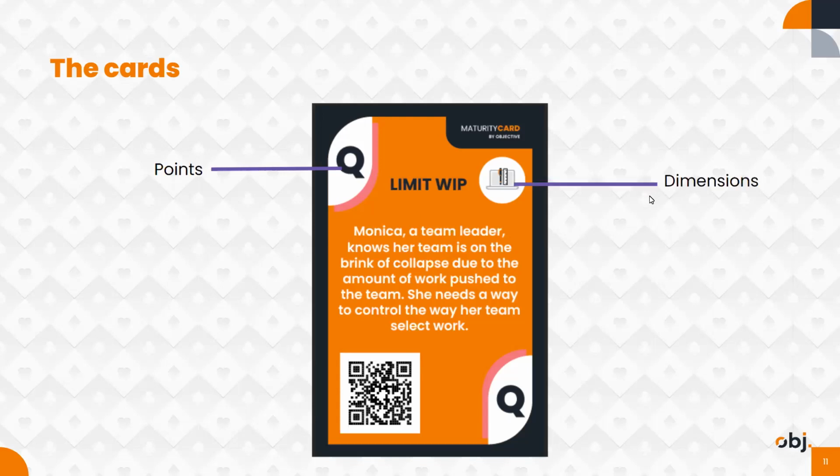We have a dimension, so we are here talking about some Kanban dimensions like limit WIP, I don't remember, visualize and so on. All the dimensions. I think that's 6 dimensions, right? That's right. Yeah. And thank you, Jeff.